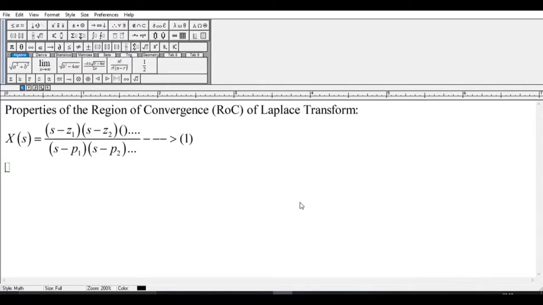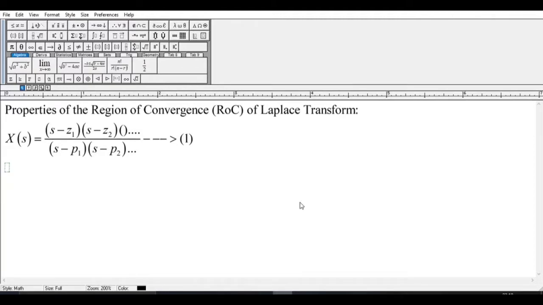Usually, the Laplace transform of any function, X of s, can be represented in the form of a rational fraction, and such representation is given by equation 1.